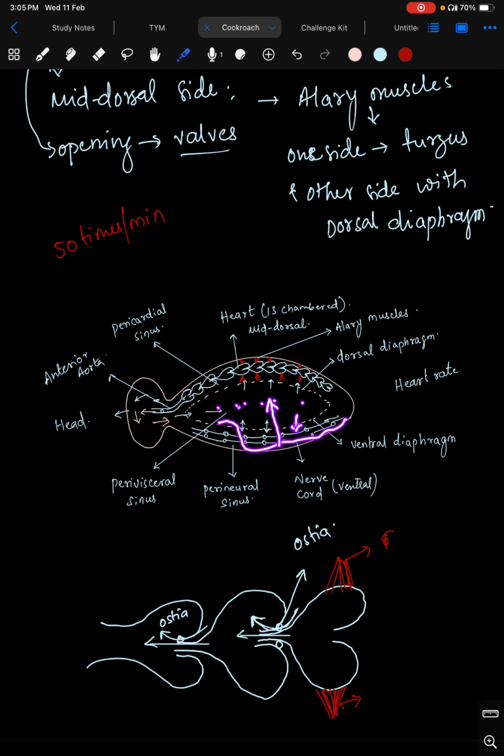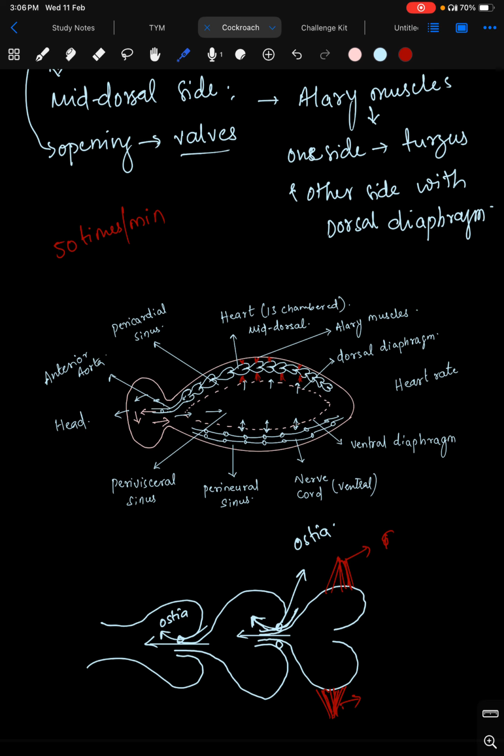After that, from the perivisceral cavity, the blood is moving inside the pericardial cavity with the help of holes or openings which are present on the dorsal diaphragm. Whenever this blood is moving inside the pericardial cavity, the blood enters inside the heart, and again the circulation is completed. Like this, circulation of the cockroach is taking place.